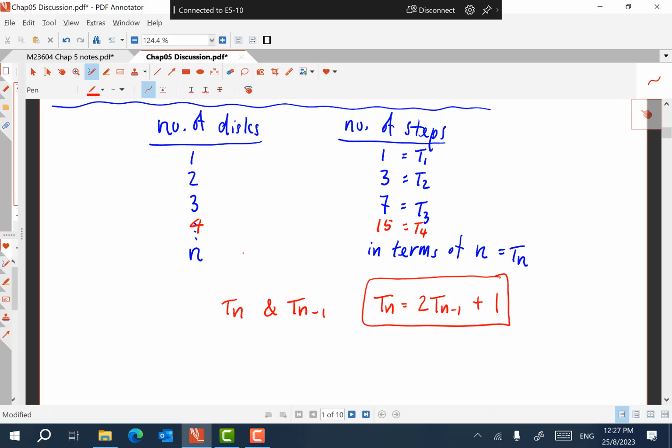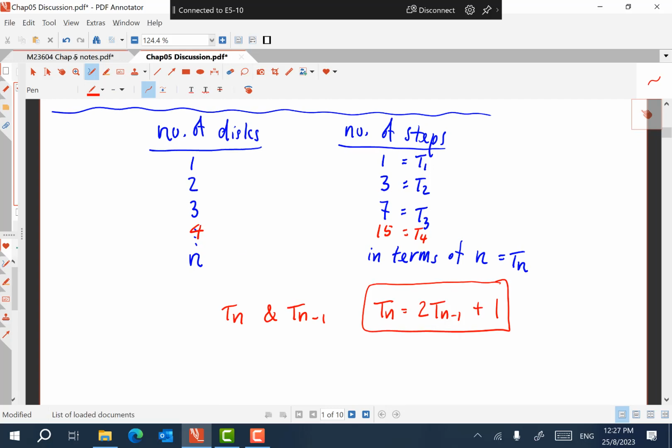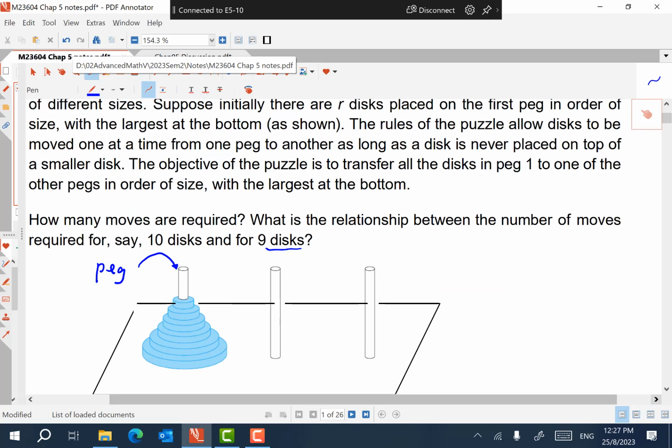Looking at this game, could you give a reason why it should turn out to be like this?